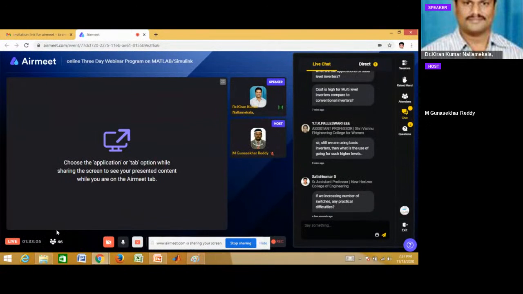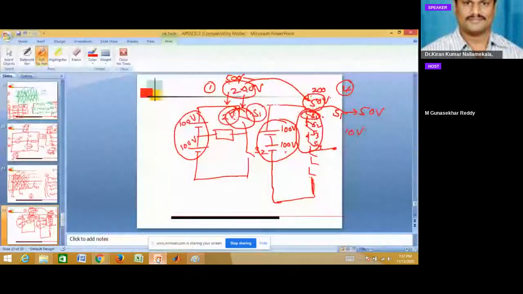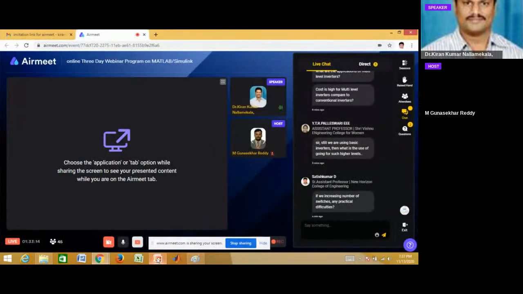If we increase the number of switches, are there any practical difficulties? Yes, obviously. The first one is reliability. As you increase the number of switching devices, the reliability decreases.